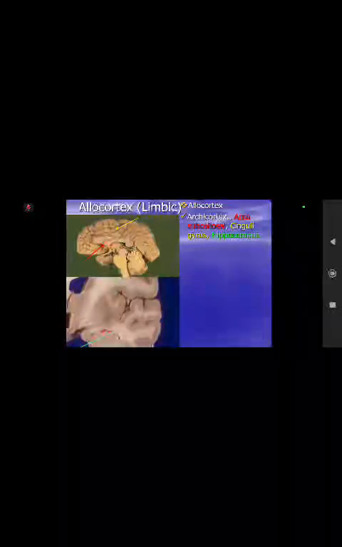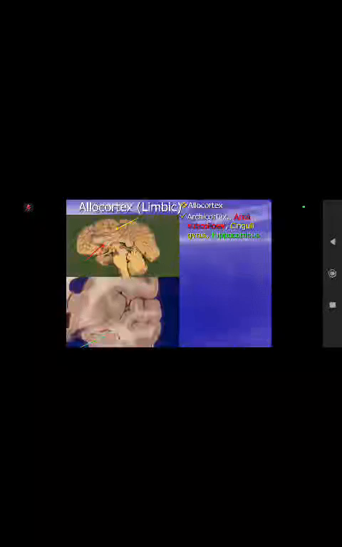The archicortex, the part I've shown you here, is what we refer to as the hippocampal formation. Also some cingulate gyrus and area subcallosa. Area subcallosa is this part. So we're talking about this region here, part of the piriform, part of the temporal lobe. Area subcallosa, and then we have cingulate gyrus, and the hippocampus is the important one. This is what we're calling the allocortex.